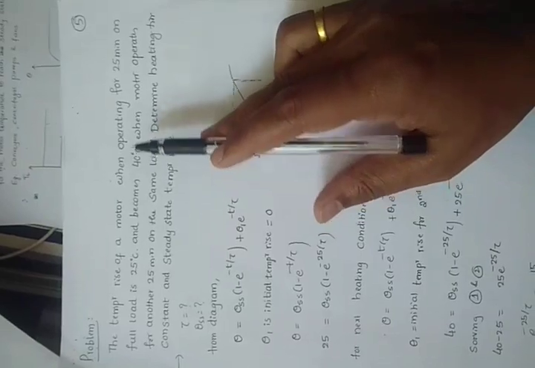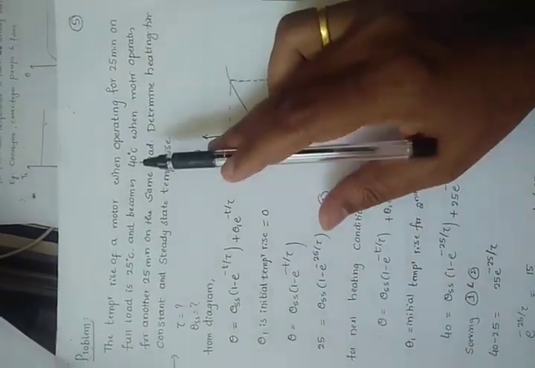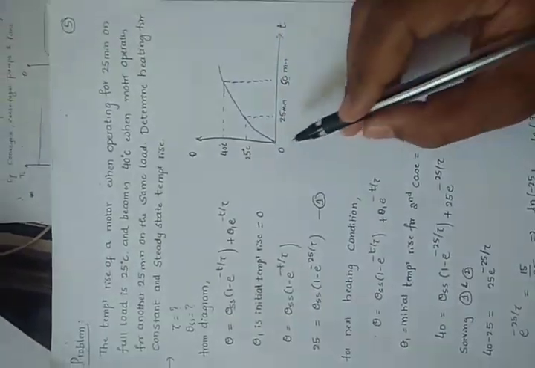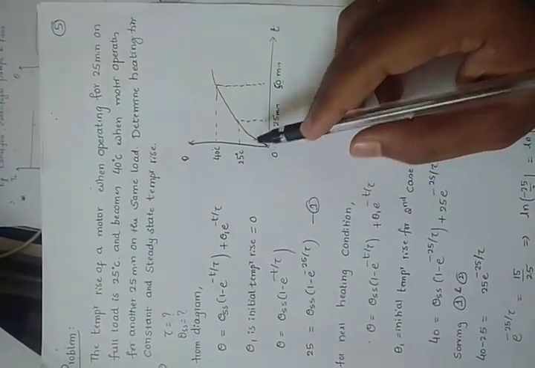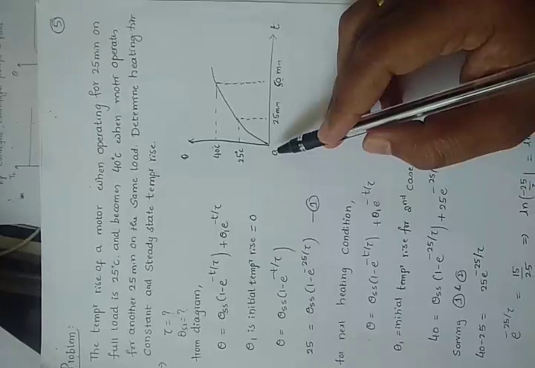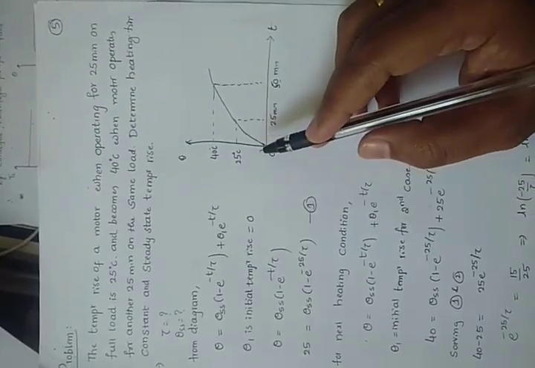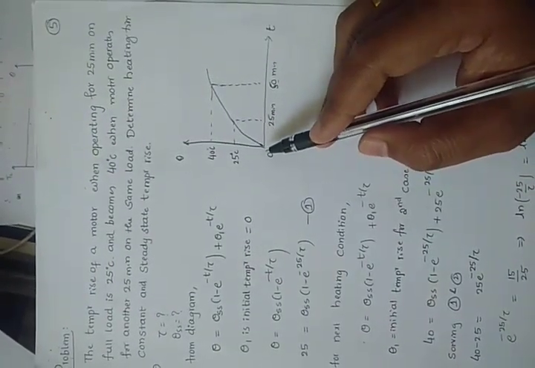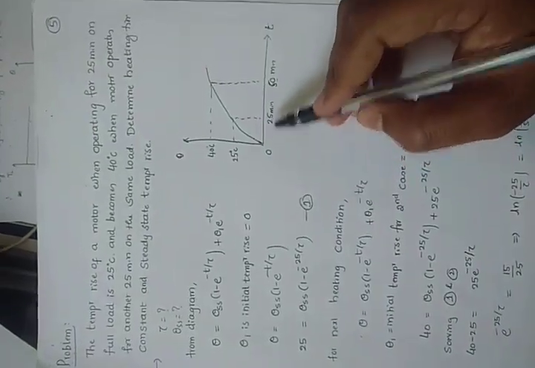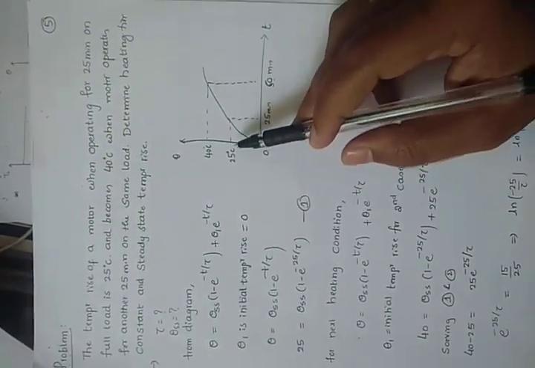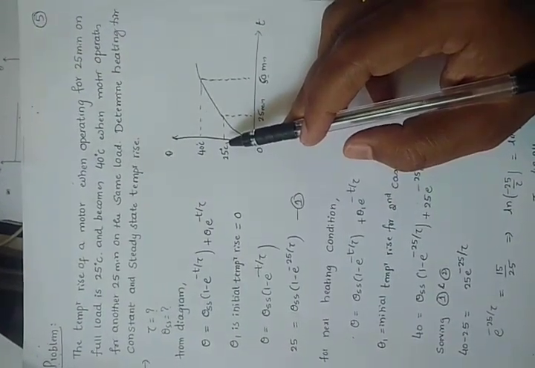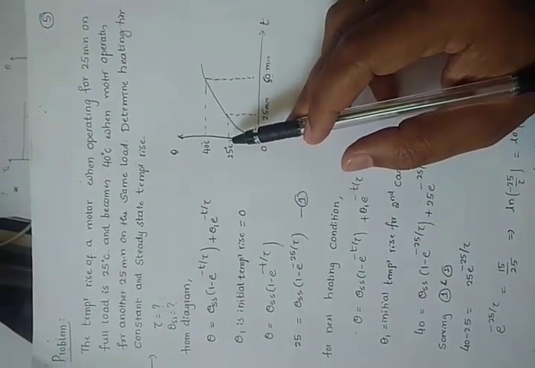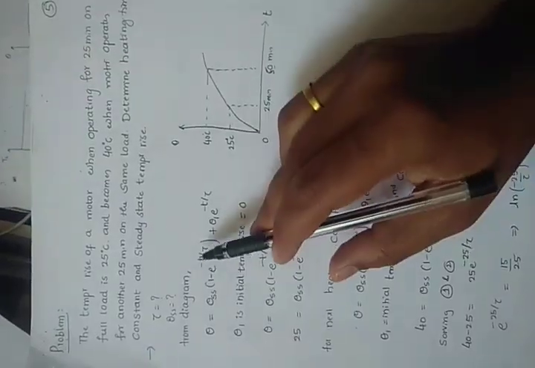The temperature rise of the motor when operating for 25 minutes on full load condition: for the first 25 minutes the motor is operating and the temperature is rising. First, the temperature rises to 25 degrees Celsius, so we can use this condition first.